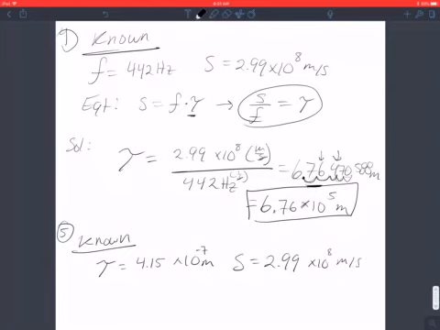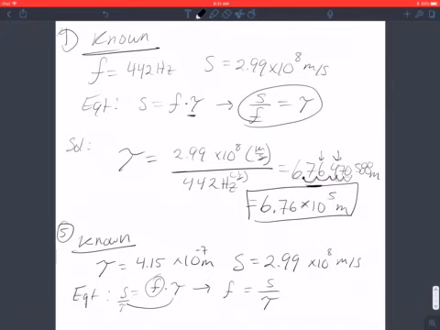What is the frequency of the wave? So our equation again is going to be speed equals frequency times wavelength. But we're looking for frequency. So we divide by the wavelength, and we get frequency equals speed divided by wavelength.